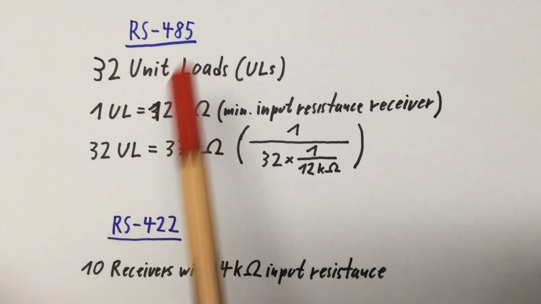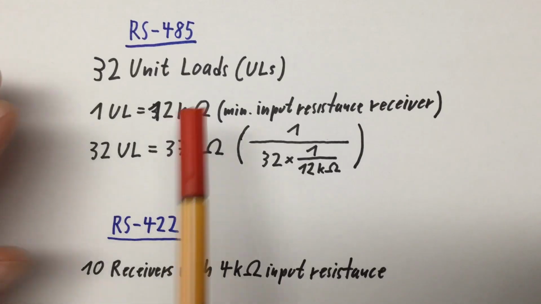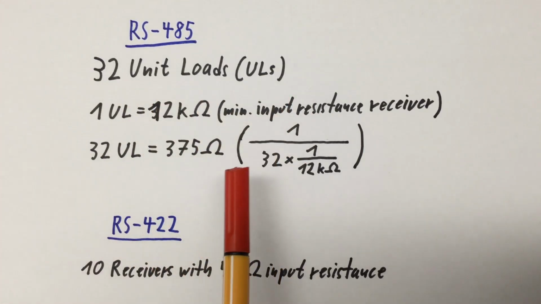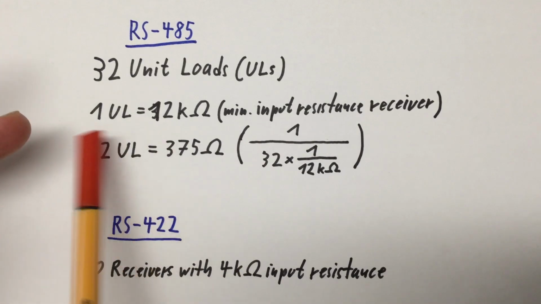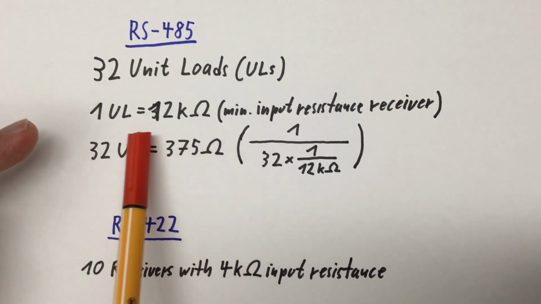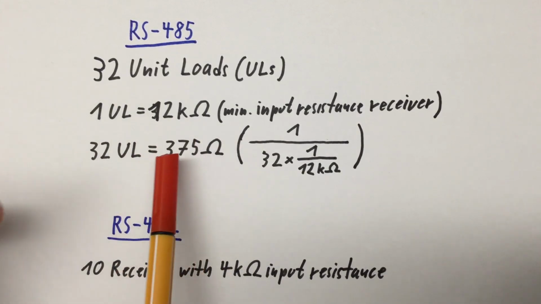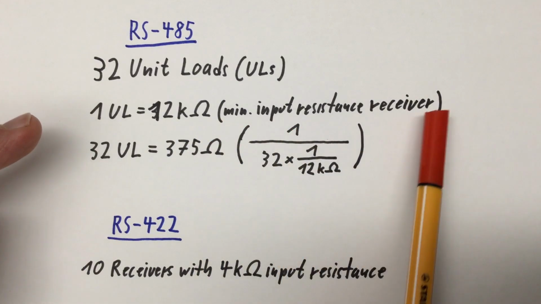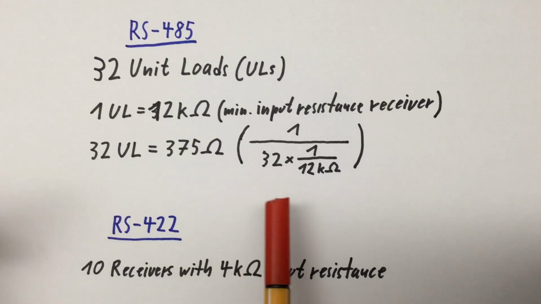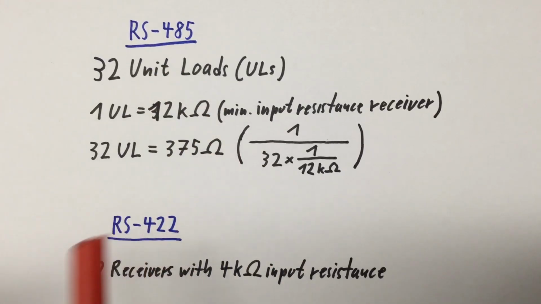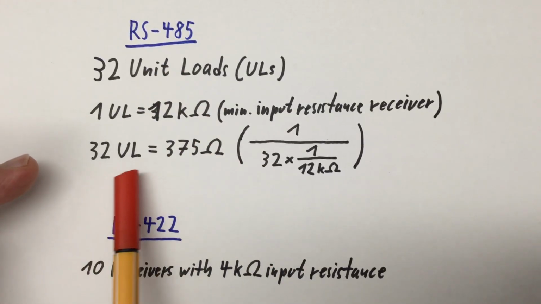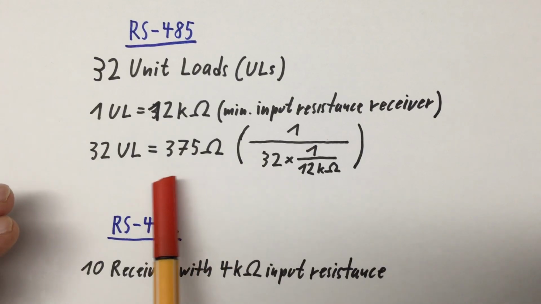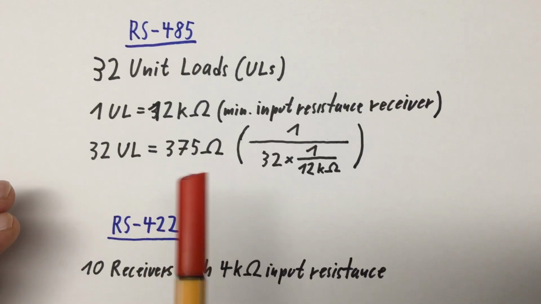The RS-485 standard states that you can connect up to 32 unit loads to your bus, where one unit load is equivalent to a 12 kilo ohm load on the bus, which is incidentally the minimum input resistance of an RS-485 receiver. So if you connect 32 unit loads to your bus, you end up with a total resistance of just 375 ohms.